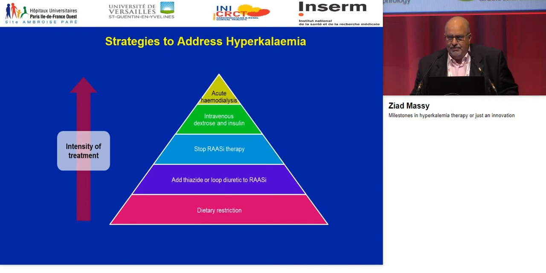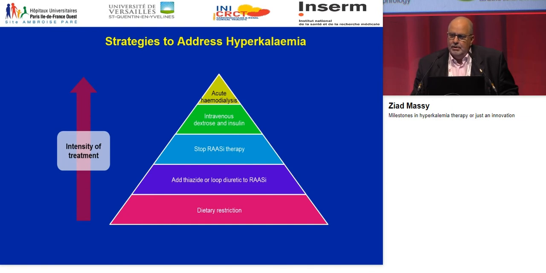When you have renal function before reaching this stage, you can use diuretics, especially loop diuretics, which also potentiate the effect of RAS inhibitors to decrease blood pressure. Sometimes you may need to stop the RAS inhibitor therapy in some patients, especially diabetic patients, when they have hyperkalemia. And when you have hyperkalemia with cardiac manifestation, you need to act urgently, up to hemodialysis.